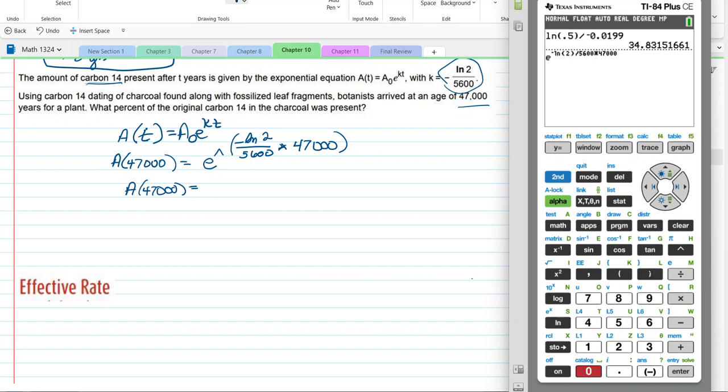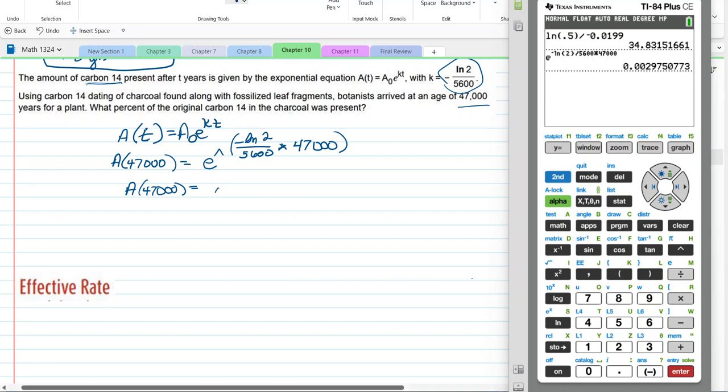Right. Okay, because that's all we entered, and we get an ugly number right here. So we're going to round to 4.